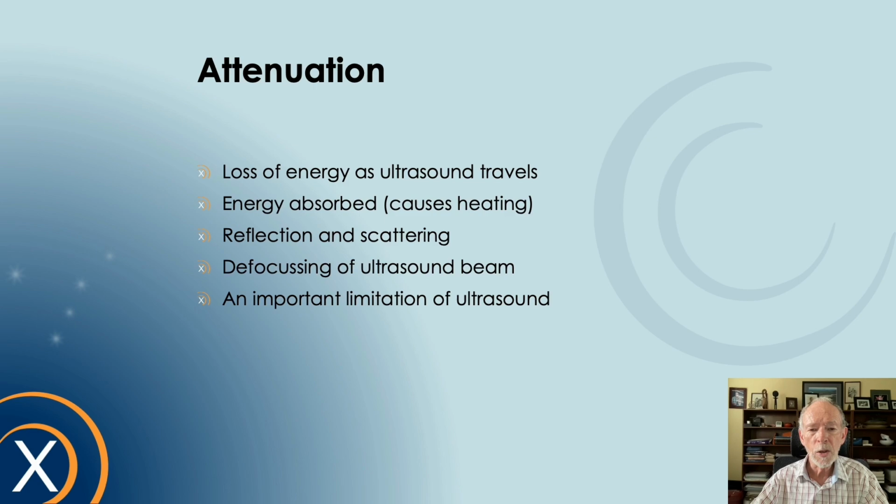So sometimes the beam is defocused as it passes through the tissues, and this means that the beam spreads out, and therefore the same amount of energy is spread over a wider area, which reduces the intensity of the beam. So defocusing in some specific circumstances can cause a reduction in the beam intensity and therefore attenuation of the ultrasound. As I mentioned, attenuation is an important limitation of ultrasound.